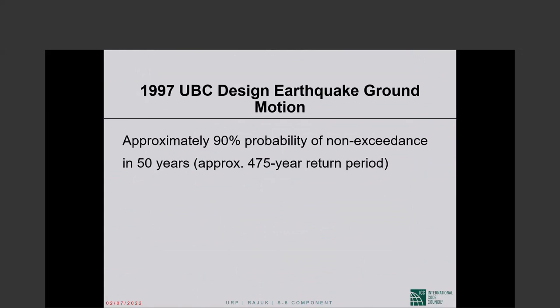This I just said kind of in passing. So the 1997 Uniform Building Code was the last edition of the UBC. And the UBC tends to be important because, for seismic design, that was the dominant model code in the United States.